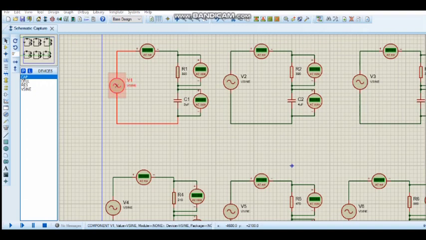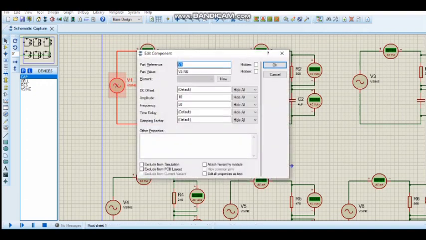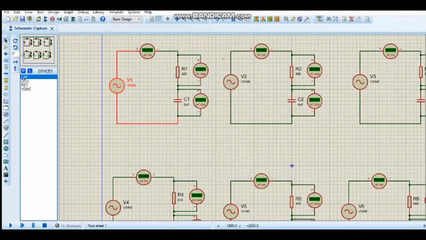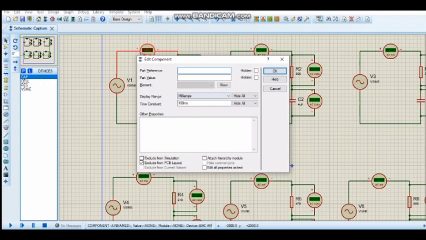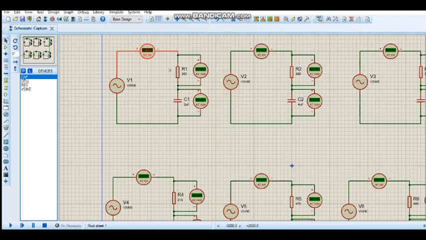We set it for 10 volt and 50 hertz. And for the emitter, we need to change the display range. Choose milliampere. Here we have 6 circuits, which have different values for the resistor and capacitor. So now let's run.